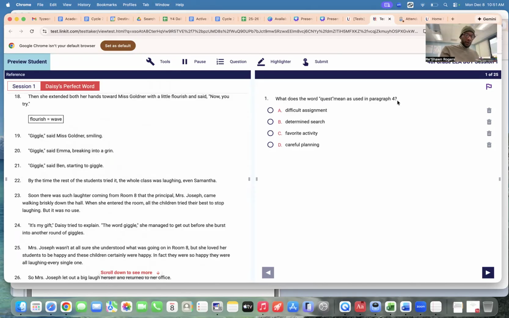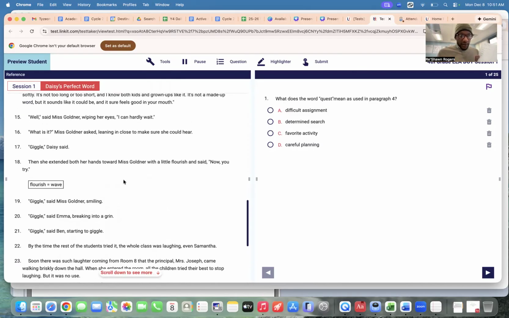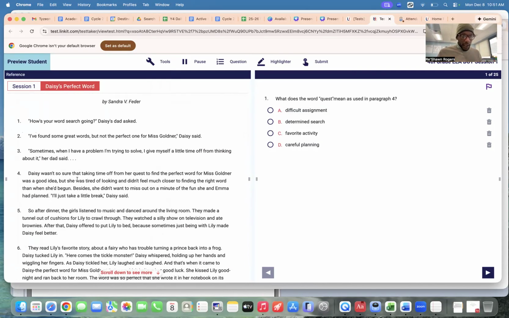So I'm going to go ahead and write number one. Let me think about the question. What does the word quest mean? Okay, I think the word quest means, I'm going to write it down on my paper. The word quest means blank. Then I'm going to go back to the text and find it. So I know this was in paragraph 4.